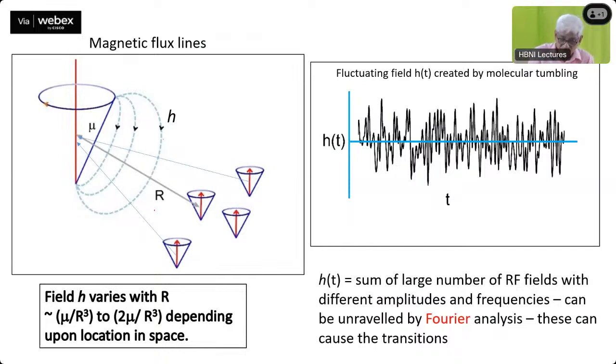Now, there are several of such ones there. So there is an interaction between this cone and this cone and this cone and this cone and this cone. All of these are fluctuating. Okay, now each of them has a flux line. Right? Therefore, each of these produces a magnetic field at this site. For example, if I have a cone here, it will produce a magnetic field in that cone.